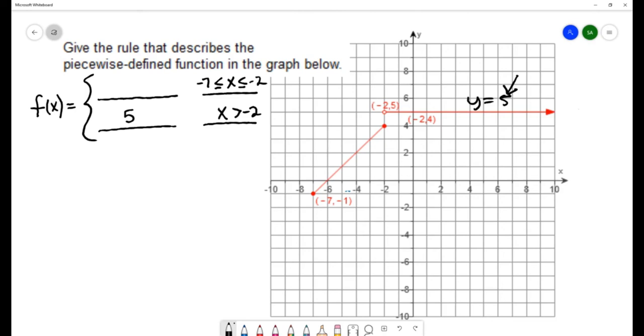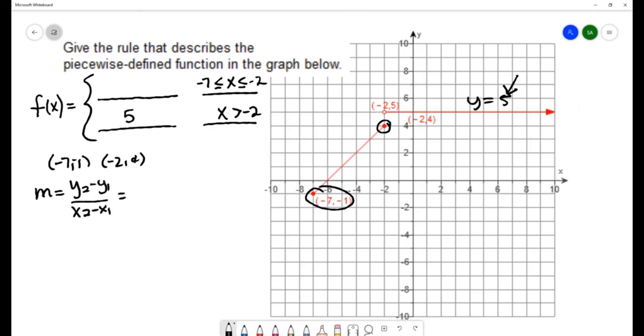The other one is going to take a little bit of work because we have a line. We can figure out the equation of that line because we have 2 points on the line. So we have 2 points, (-7, -1) and (-2, 4). We can find the slope using the slope formula, y2 minus y1 over x2 minus x1.